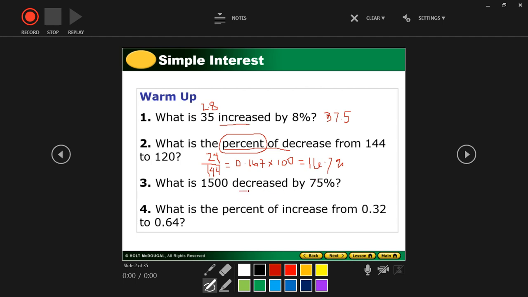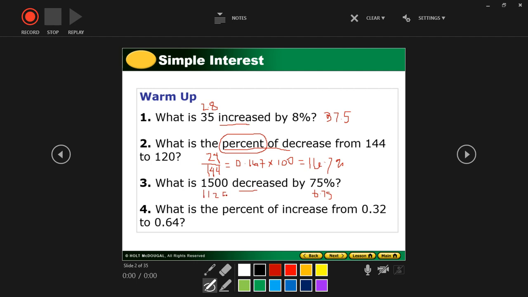Next, what is 1,500 decreased by 75%? So, decreased, we subtract. How much is 1,500 if we take away 75%? First, convert 75% to decimals. 75 divided by 100 is 0.75. Now 0.75 times 1,500, use your calculators, that is 1,125.